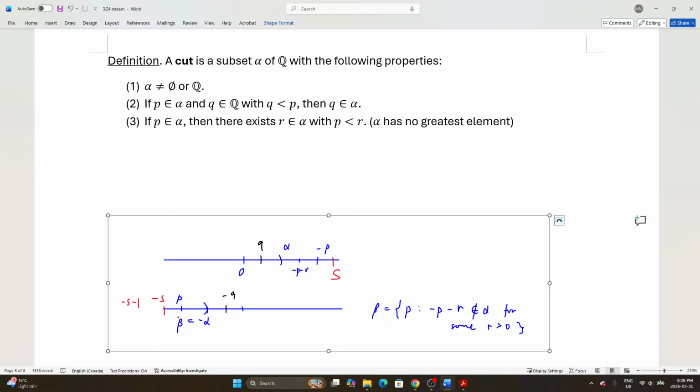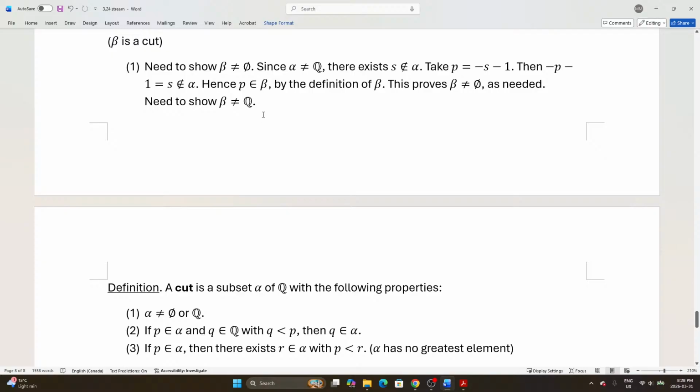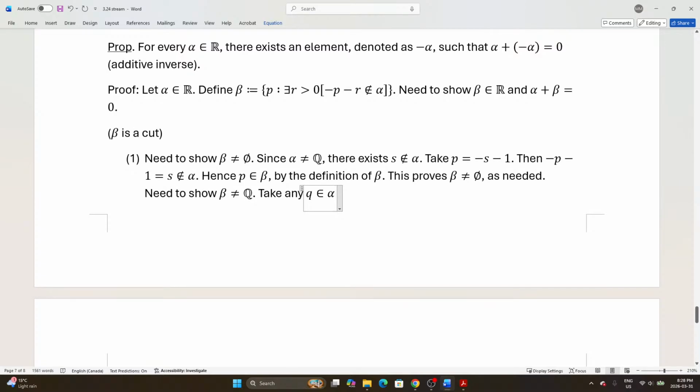If I can show that, then beta is not the whole Q. So just take any Q in alpha and see whether minus Q is in beta.